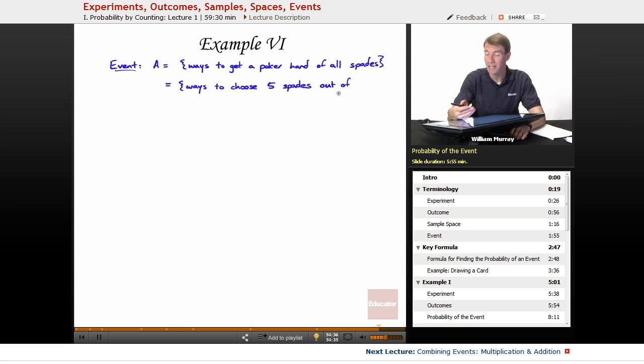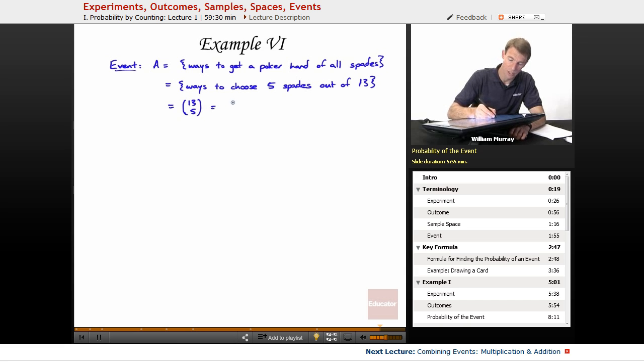Well, there's 13, the ace through the king of spades. So, according to our logic before, that's exactly 13 choose 5.